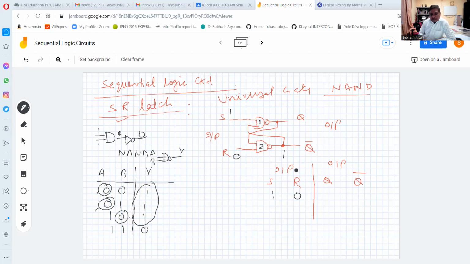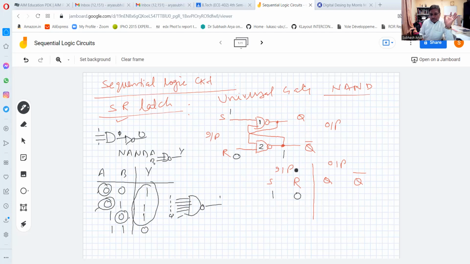Any 0, that is what I was trying to tell, if any 0 is available in the input of that gate, makes the output logic 1. Suppose you had 10 inputs in that gate, 1, 2, 3, 4, 5, 6, so a lot of combinations are there. 1, 1, 1, 1, but only one 0. Only one 0 makes the output logic 1. In order to make logic 0, all inputs should be 1. Then only it will happen.